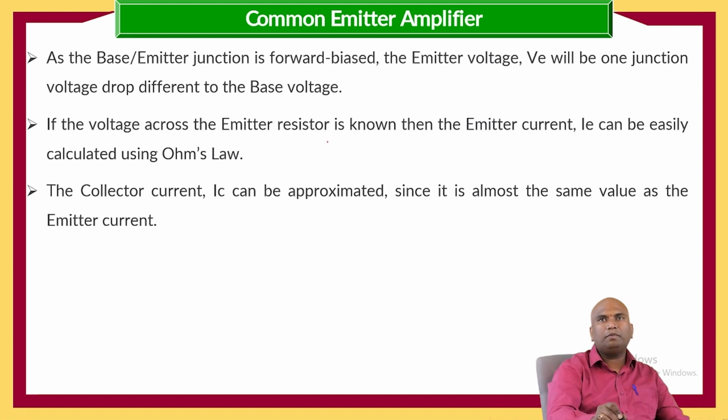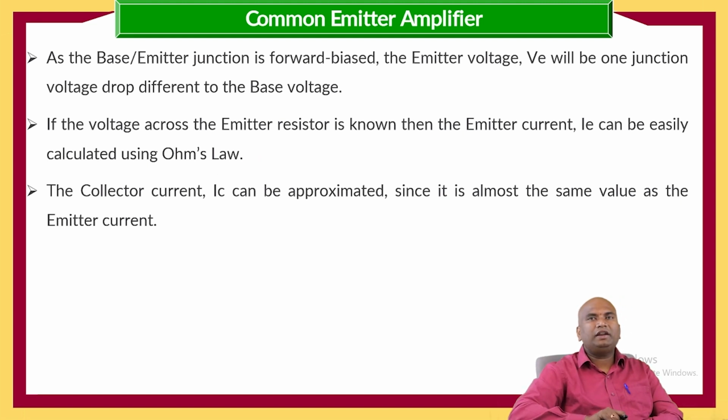If the voltage across the emitter resistor is known, the emitter current can be easily calculated using Ohm's law, because the current flowing through any resistor equals the voltage across the resistor divided by that particular resistance value.